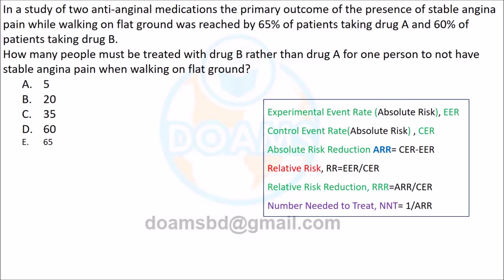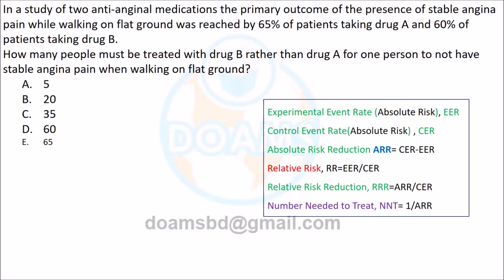From there, for our practice purpose, let's stepwise try to identify the values. What is the experiment? What is the control here? A or B? Drug A, drug B. Which one is the experiment here? Must be treated with drug B rather than drug A. So we are comparing B over A, is that not it?